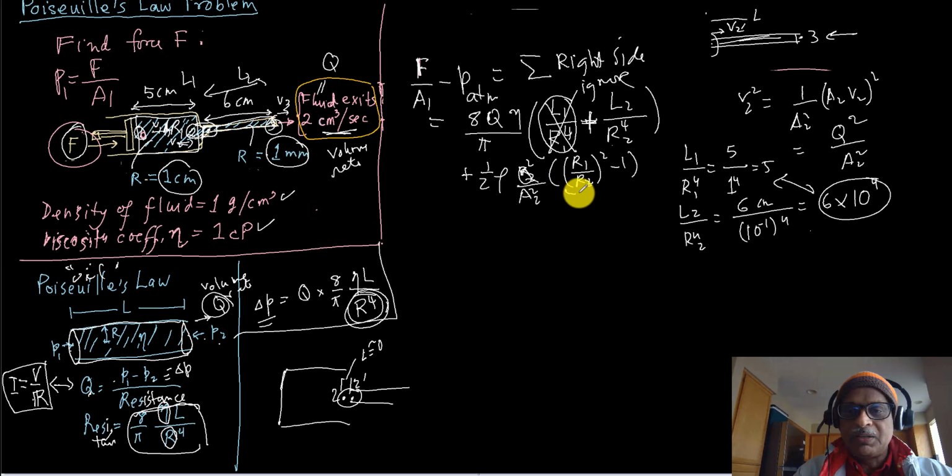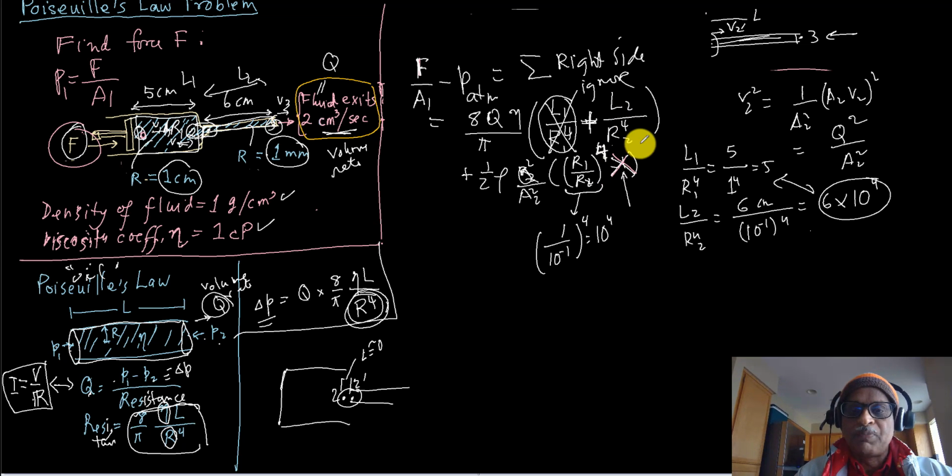Now over here, look at this one. This should be to the power 4 here. R1 is 1 centimeter, and R2 is 10 to the power minus 1, to the power 4. So this is 10 to the power 4, and compared to that 1, I can completely ignore that 1.